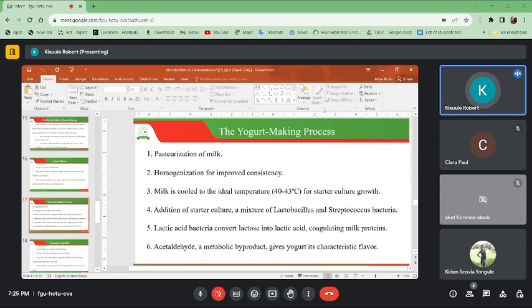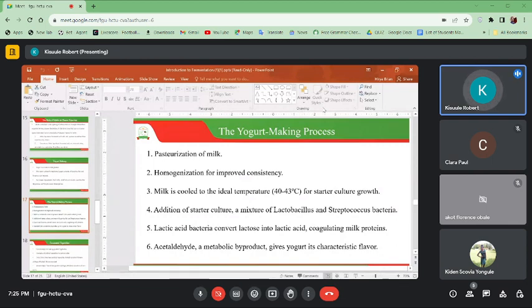But for industry production, the starter culture is what is required. This lactobacillus converts the lactose into lactic acid, coagulating the milk proteins, and here we also look at acetaldehyde, a metabolic byproduct which gives yogurt its characteristic flavor. And that is it with the yogurt making process.